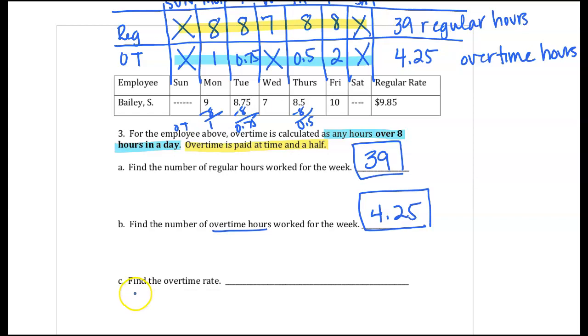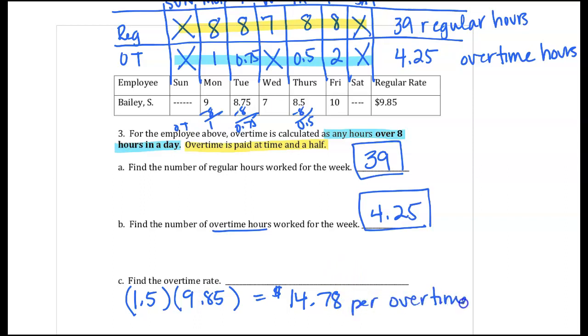So time and a half, we're going back to 1.5 times our $9.85 regular rate. Only the overtime premium method separates out, like question 2. So if I take 1.5 times 9.85, we have an overtime rate of $14.78 per overtime hour.